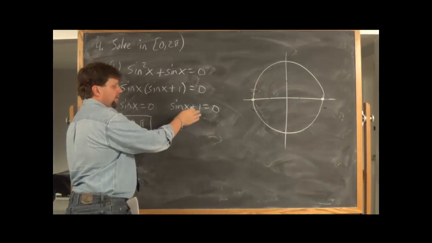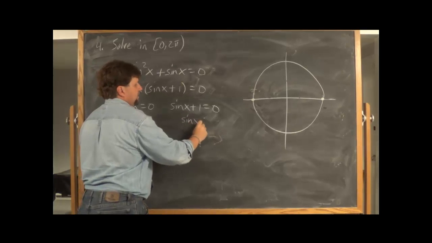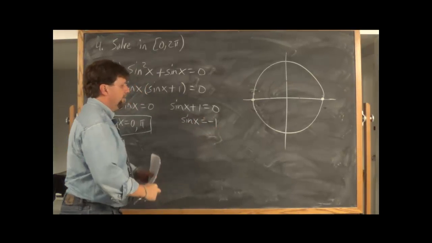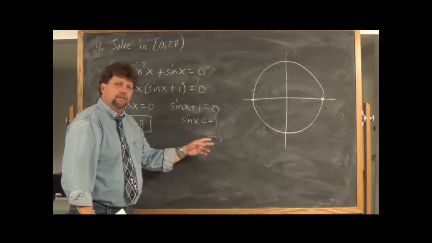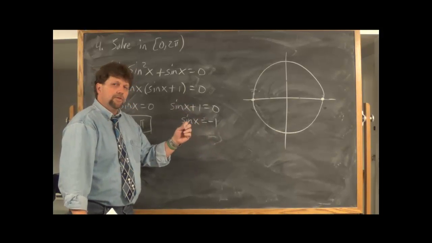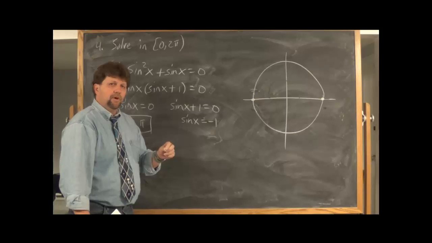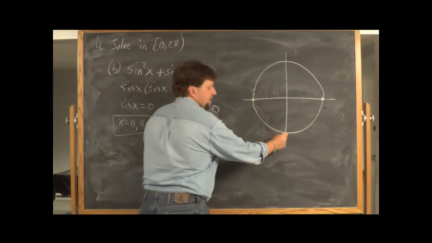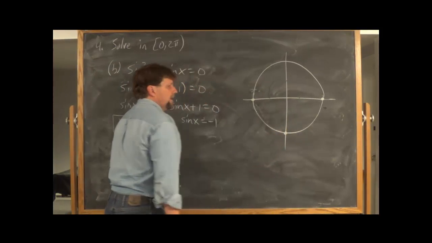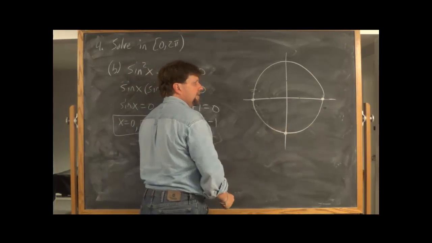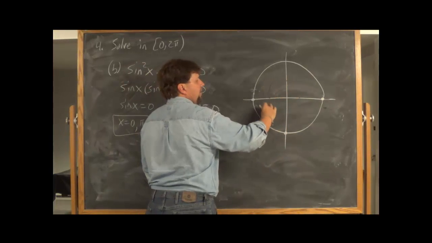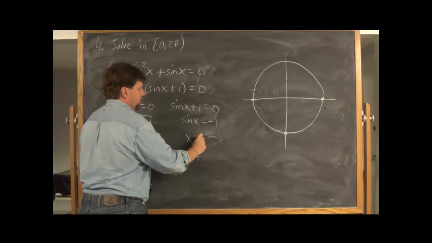For this, we should subtract 1 from both sides. And again, where does sine equal negative 1? Where on the unit circle do you find a y-coordinate of negative 1? Well, that's right down here. If you know it's down here, then you know the angle is 3 pi over 2.